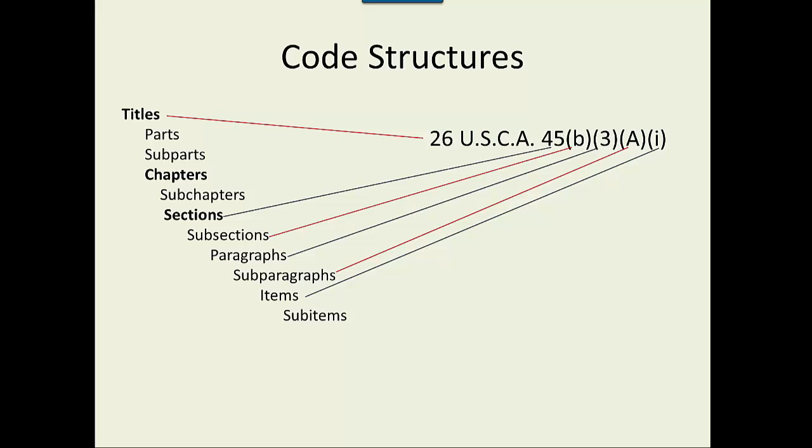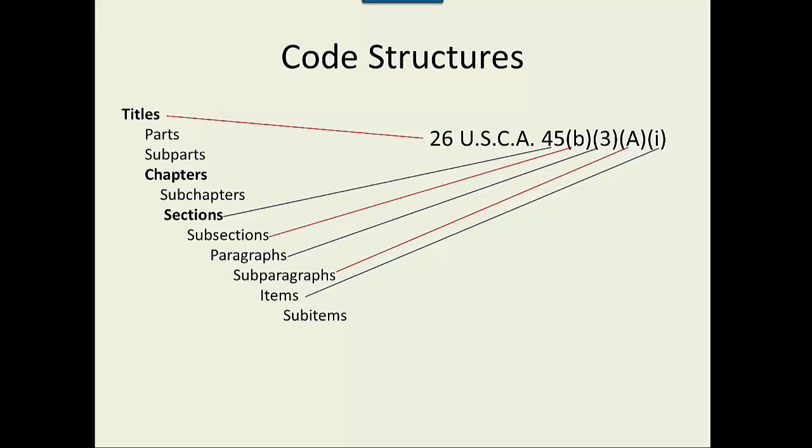As I said, statutory codes are usually organized by titles, and then they are divided into smaller parts. There usually is a title and a section, but it can also be divided into smaller sections like parts, subparts, chapters, subchapters, sections, subsections, paragraphs, subparagraphs, items, and sub-items.